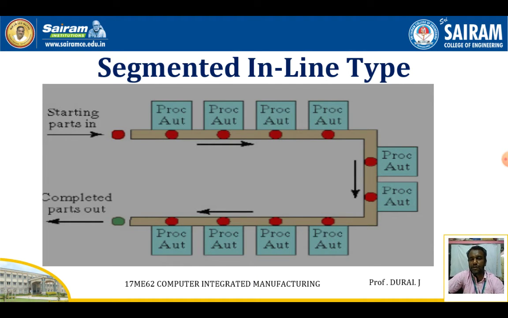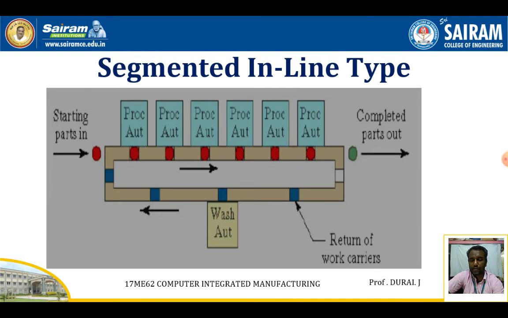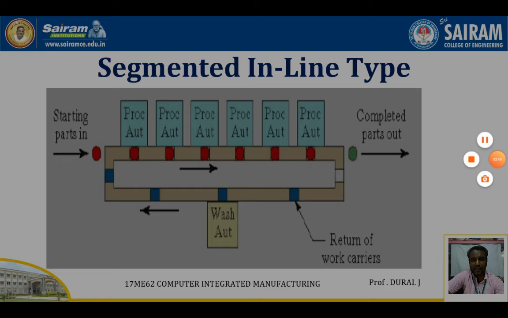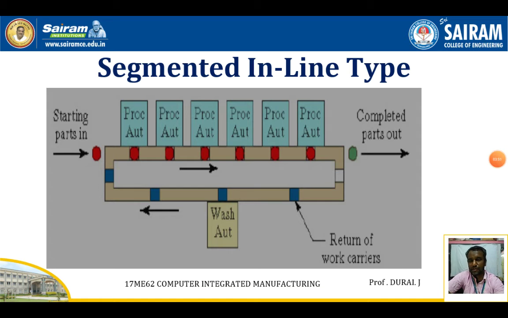Then comes the last one, the segmented type like a rectangle method. Once the component enters over here, it becomes a finished product here. In this one, the flow line continuously rotates over here. Once it enters, it will be fixed in a work holder.